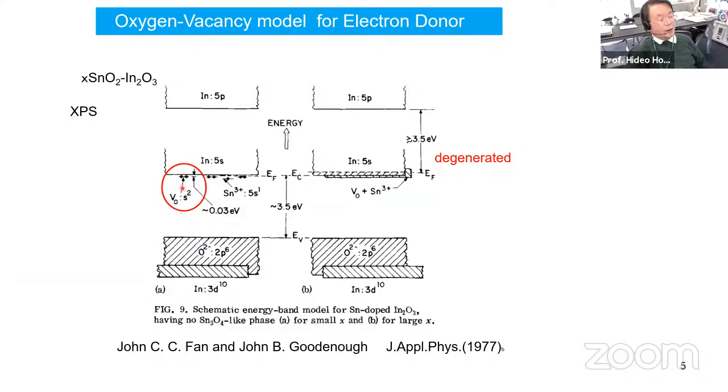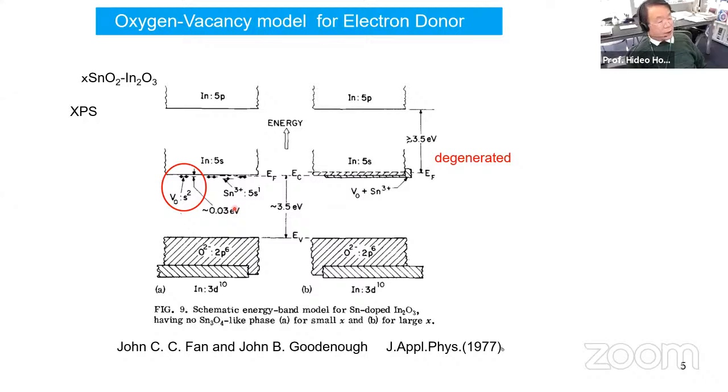When the oxygen vacancy concentration goes up, the Fermi level enters the bottom of the conduction band, and that's why degenerate conduction is induced. Anyway, oxygen vacancy was believed to be a major source of carrier electrons.